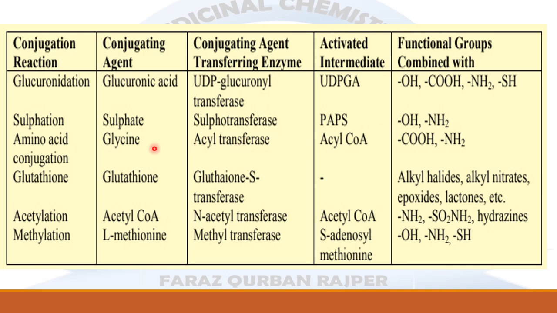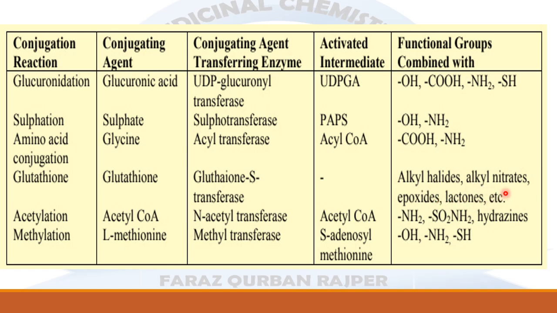Acyl transferase or amino acid glycine transferase will act on drug molecules having a carboxylic acid functional group and the NH2 group for the acyl conjugation. And glutathione conjugation will occur in all those drug molecules which have alkyl halide, alkyl nitrite, epoxide and lactone, and mustards.